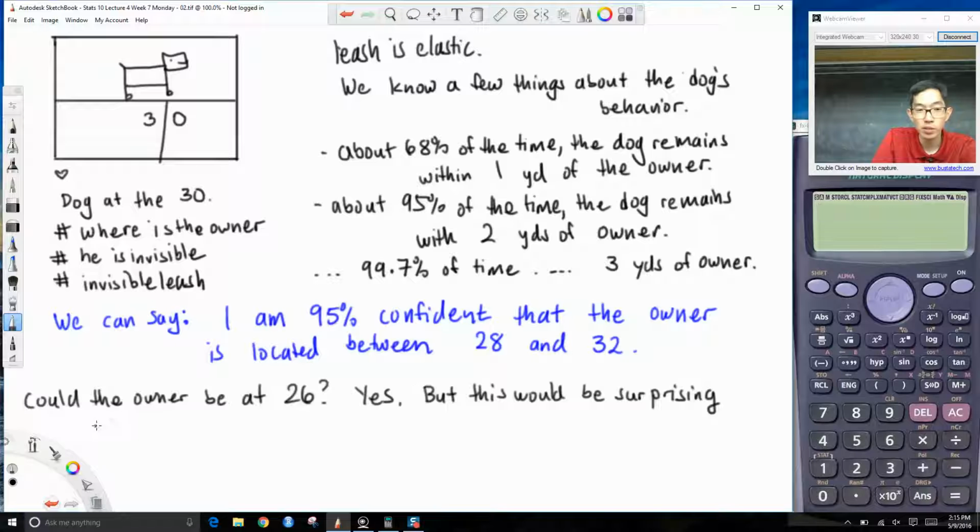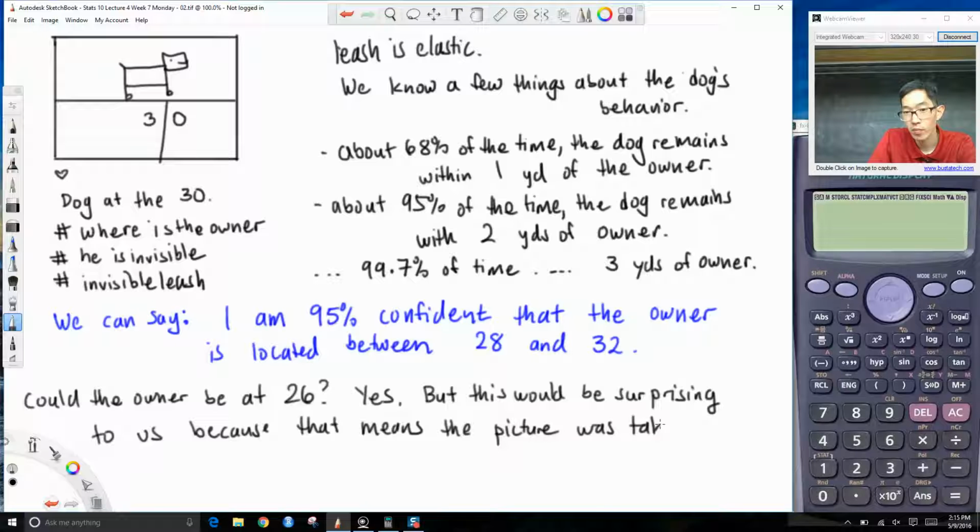Surprising to us because that means this picture was taken at one of those unusual times where the dog strayed more than 3 yards away from the owner.